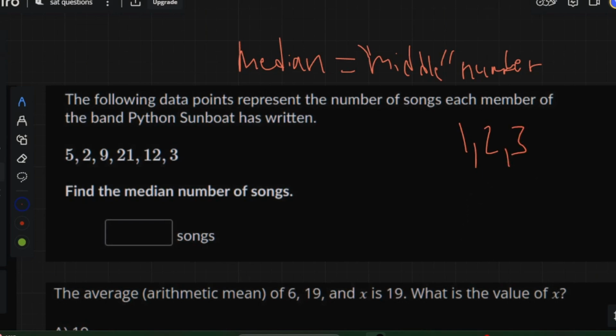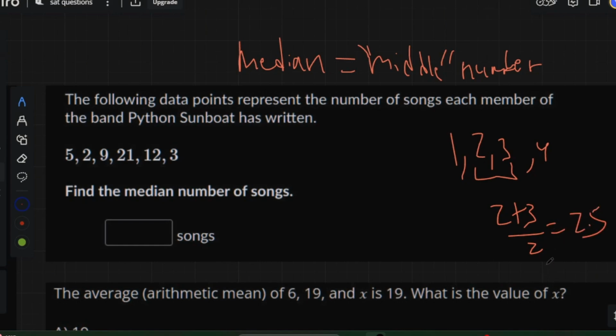What is our middle? 2. Now obviously the middle number between all of them would be like 1.5, right? But essentially on the odd numbers, we're just going to take the number right in between. Like let's say we have 5 numbers, 1, 2, 3, 4, 5. 3 is going to be our median, right? And if we have an even amount of numbers, so 1, 2, 3, 4, you take the second and third terms, add them, and divide by 2. So our median here would be 2.5.